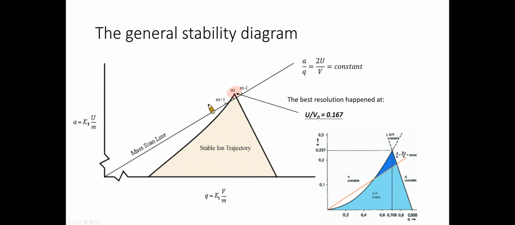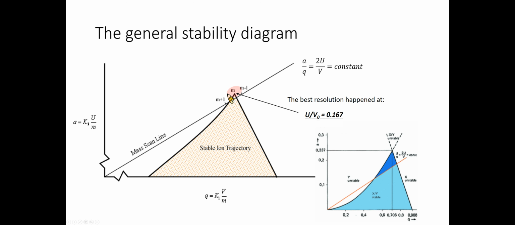The resolution is improved when the mass scan line intersects the smallest area at the top of the stability diagram. The resolution can be improved when the slope of the mass line is increased. The resolution will subsequently increase until the line no longer intersects the stability diagram.